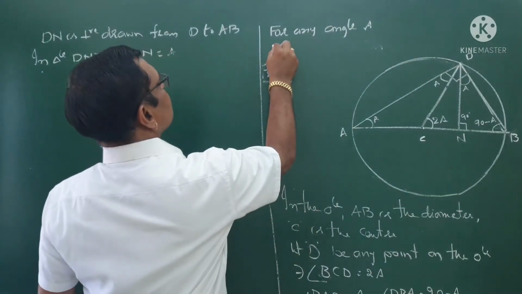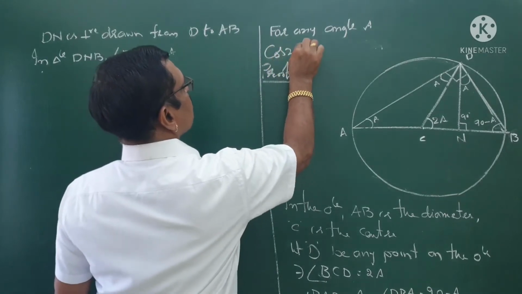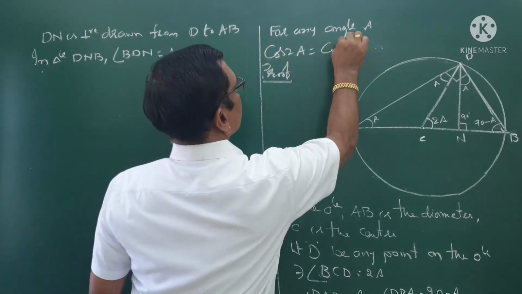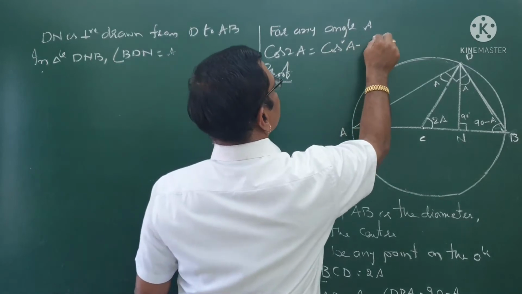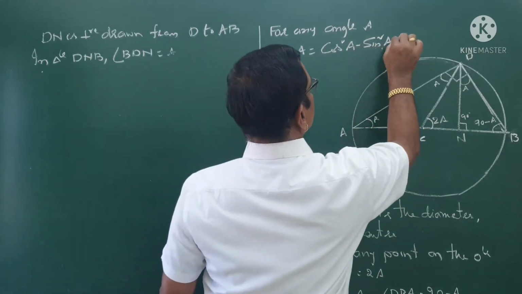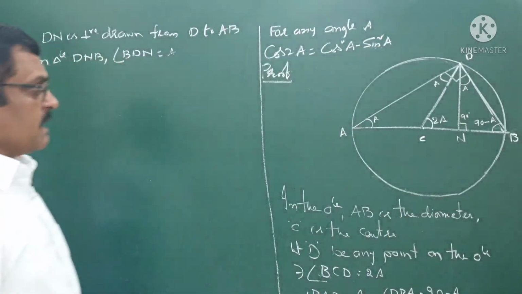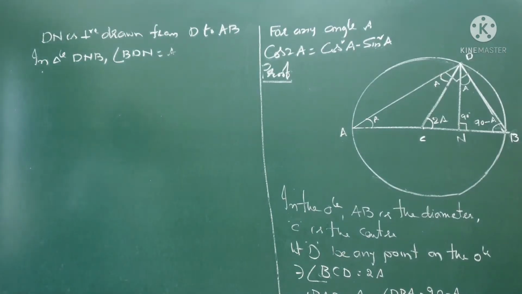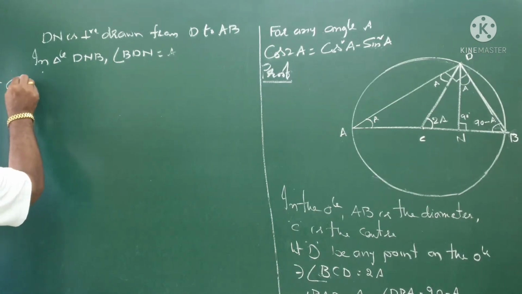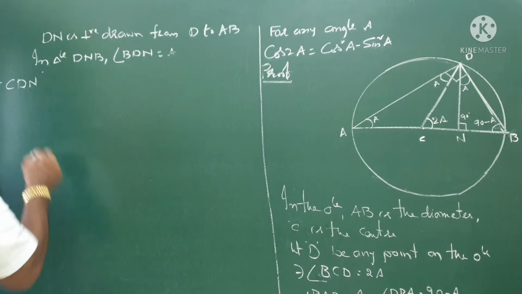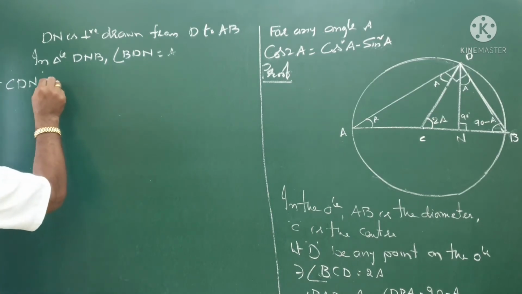Next one, cos 2A is equal to cos square A minus sin square A. The construction diagram and everything is the same, only I need to take cos. Now in the same triangle CDN, I go for cos 2A.